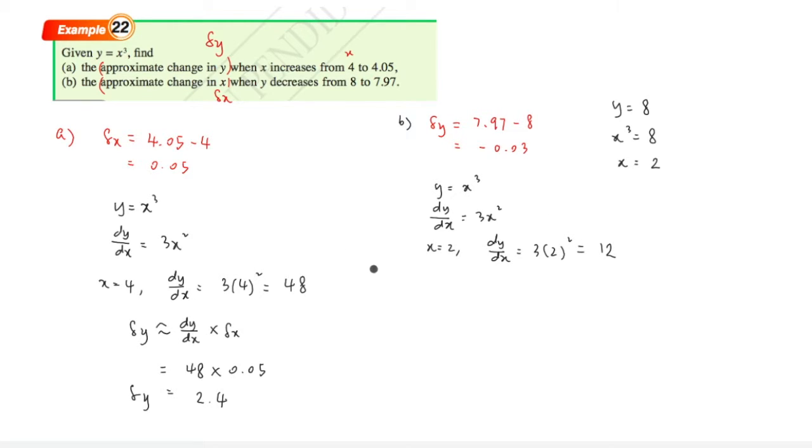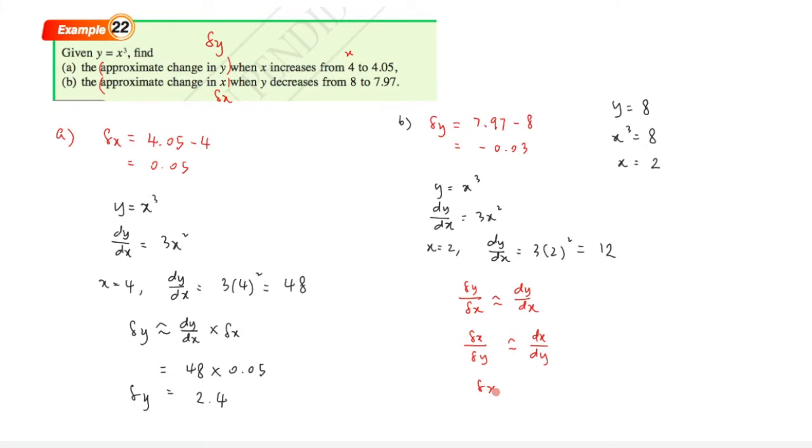Now the question asks you to find delta x. From the formula, delta y over delta x equals dy/dx. I want delta x, so I flip it. Can or not, like this?